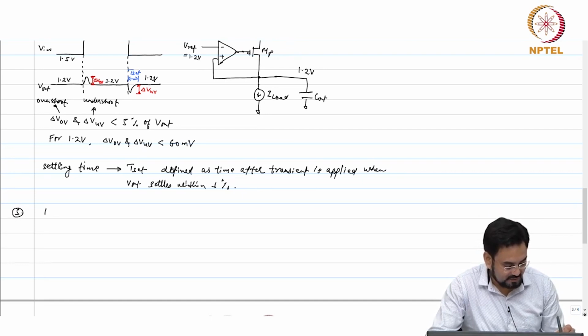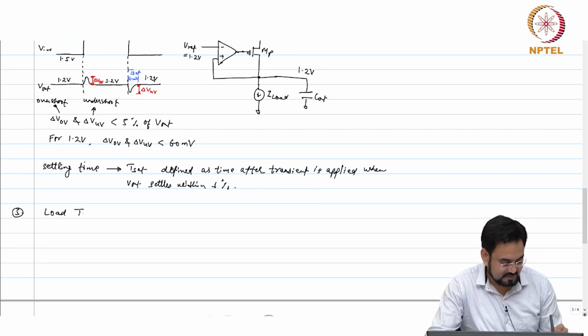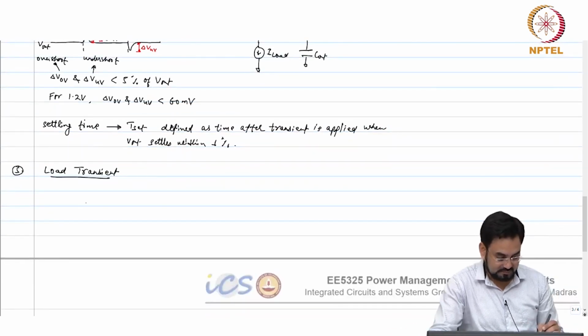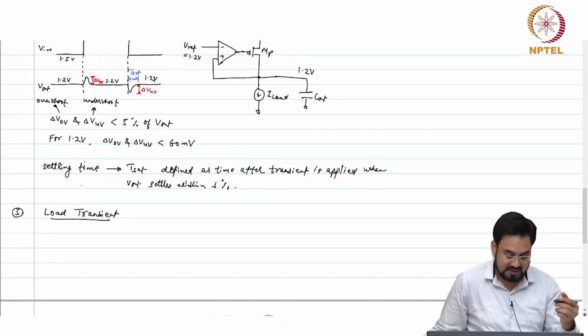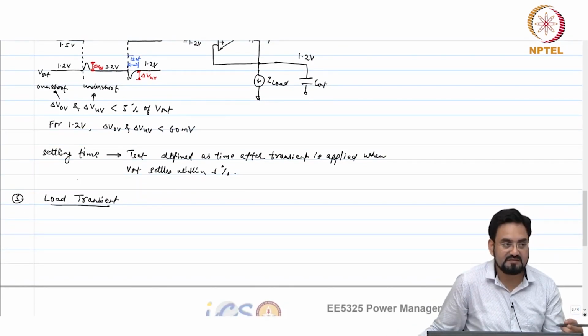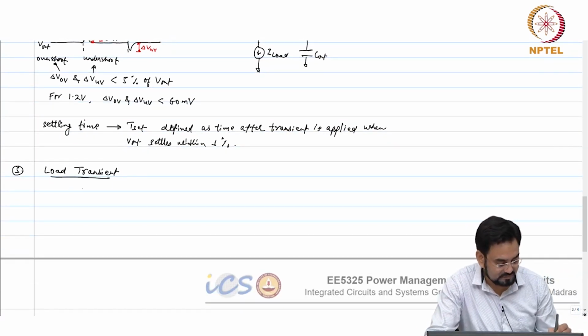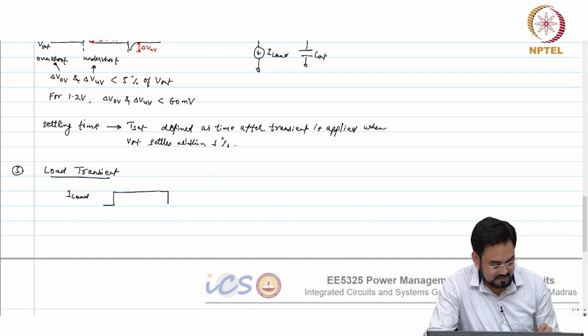So, next one is your load transient. It is similar to your line transient, the difference is instead of changing V in, we change load here. So, if this is my I load, let us say this is going from 0 to 1 amp.